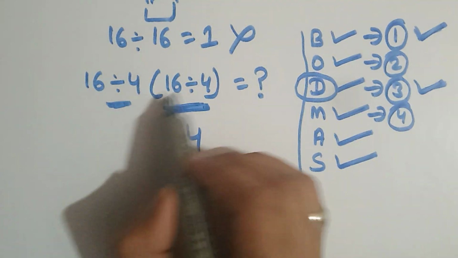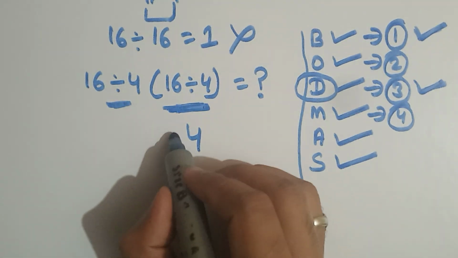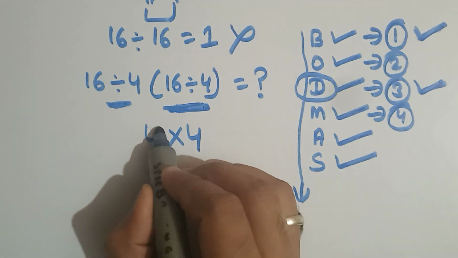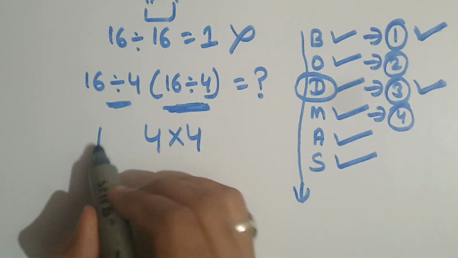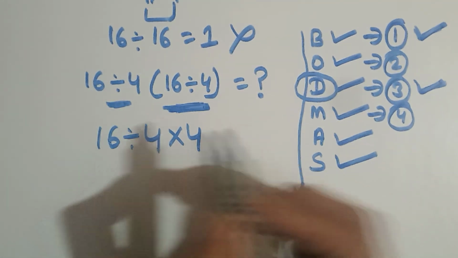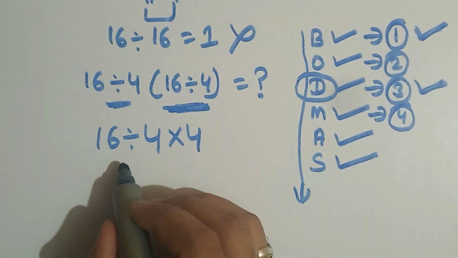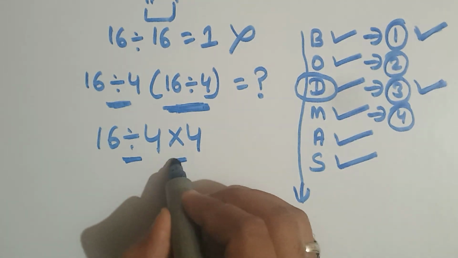And you know that a bracket sign means a multiplication sign, so simply give a multiplication sign, and write 4, and 16 divided, simply write 16 divided. In the next step, what should we calculate, this part or this part?